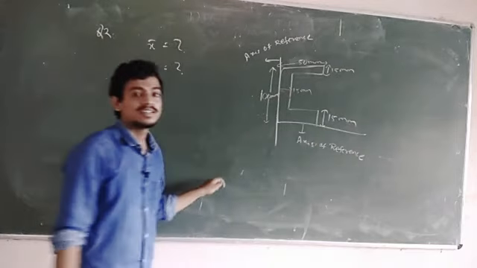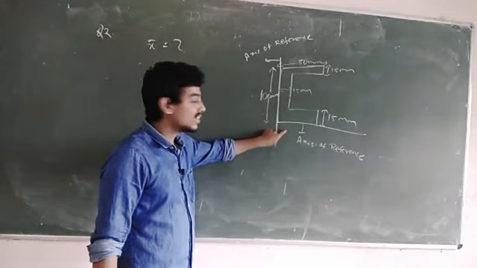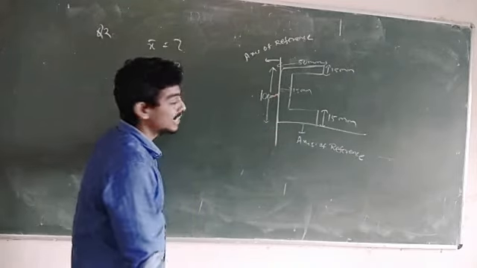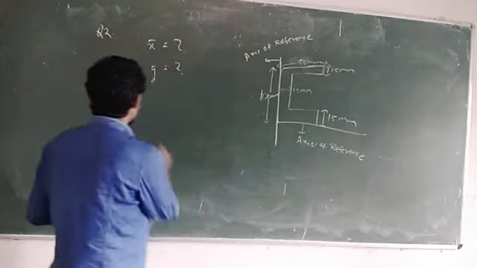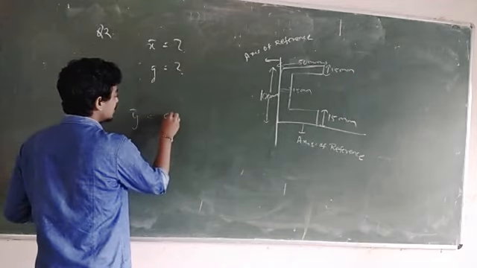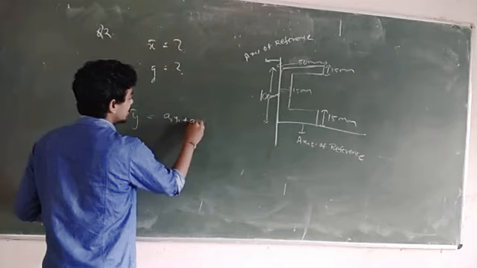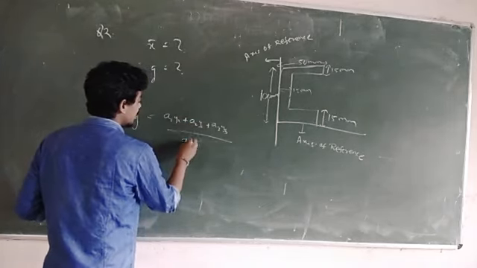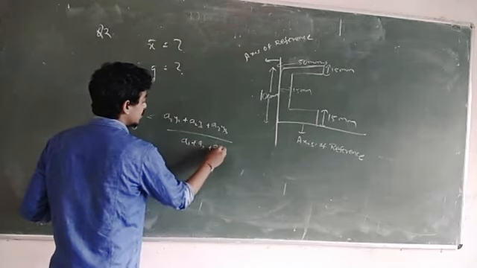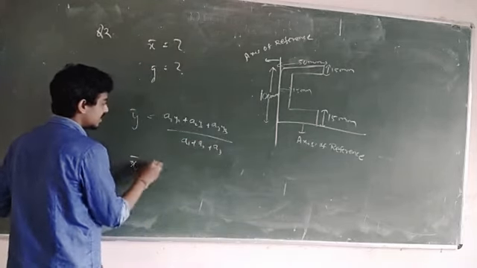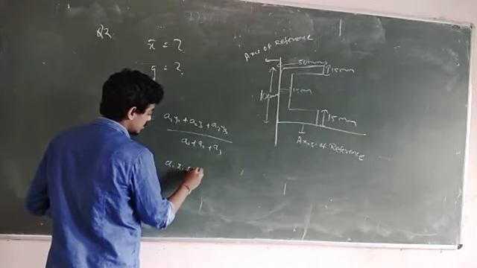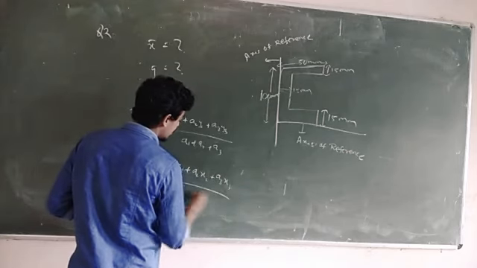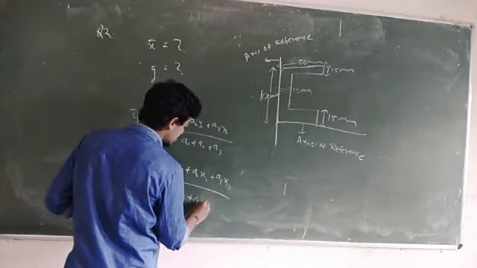After marking the axis of reference, you can calculate our x bar and y bar by using the formula. I already told you the formula: a1 y1 plus a2 y2 plus a3 y3, divided by a1 plus a2 plus a3. If it is x bar, then a1 x1 plus a2 x2 plus a3 x3, divided by a1 plus a2 plus a3.